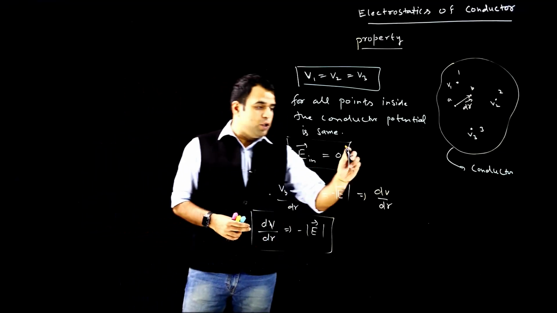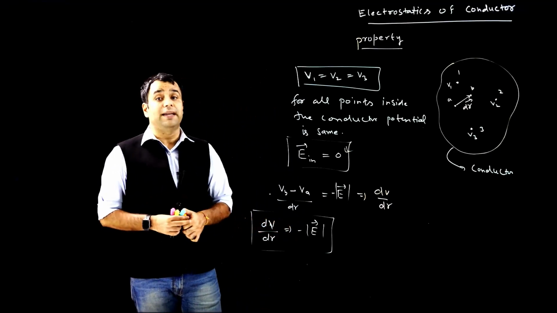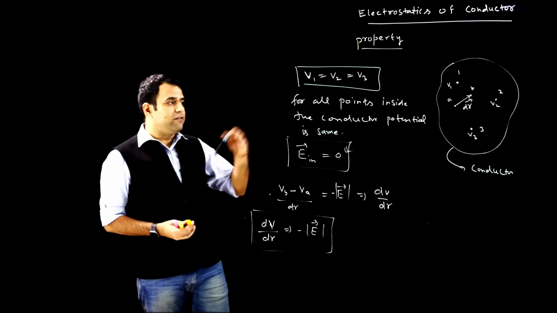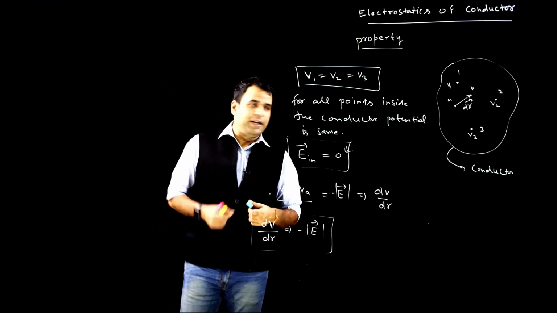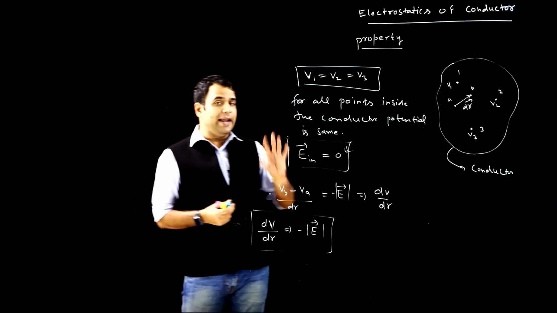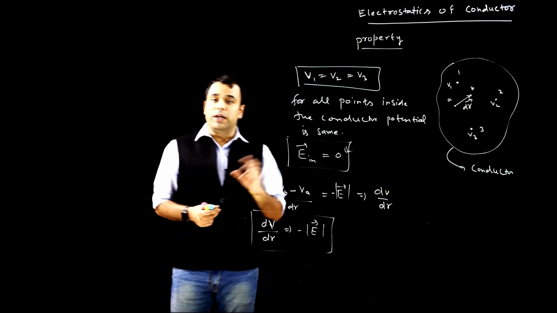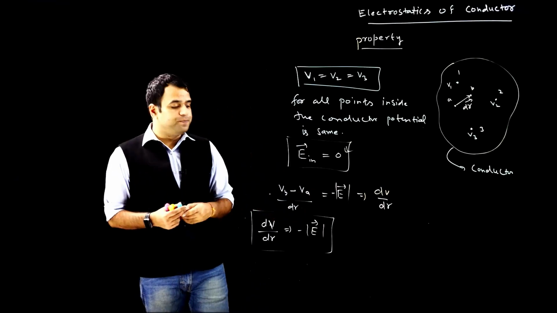Now see, this result is for all inside points, and I'm talking about the inside points only, meaning where the free particles are available. Meaning I'm not talking about the cavity, meaning A and B will not be in the cavity. A and B points will be inside the conductor where the free electrons can move. Okay.